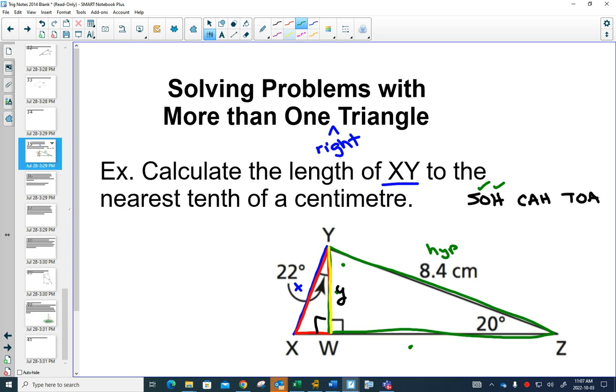So I write out my definition for sine, that sine of 20 degrees is the opposite, which is little y, over the hypotenuse, which is 8.4. I want to get the y by itself. So the opposite of dividing by 8.4 would be to multiply both sides by 8.4.